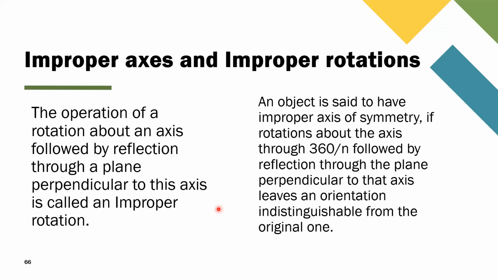So you have to do a rotation operation and a reflection operation, but the reflection has to be perpendicular to the rotation axis. That is the criterion, and that is called the improper axis.